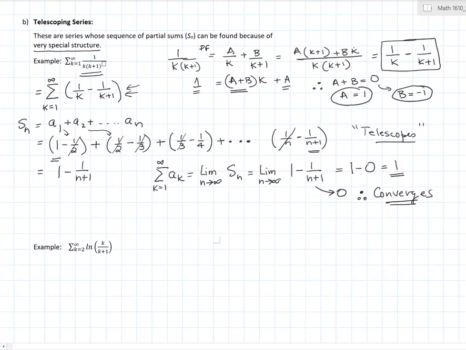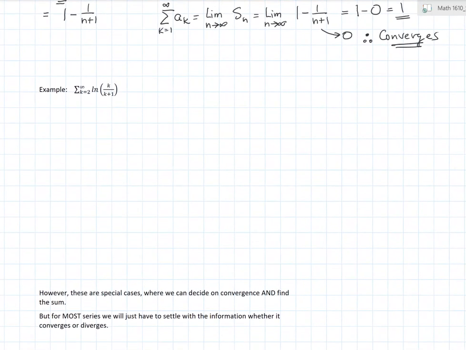Let's look at one more example. Now this one looks a little fancy, but if you remember the properties of logs, then this is actually nothing but ln of k minus ln of k plus 1.